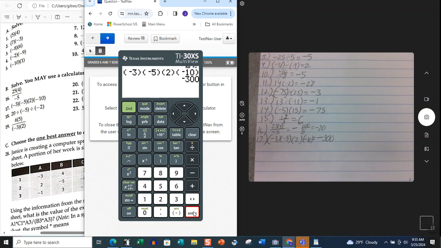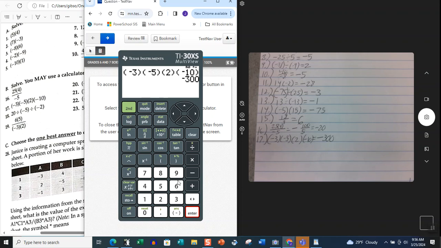Now, looking at problem 18, you should be able to tell what sign your final answer should have. With problem 18, your final answer should be a positive, because here you have 2 negatives. 2 negatives will give you a positive when you're dividing or multiplying.